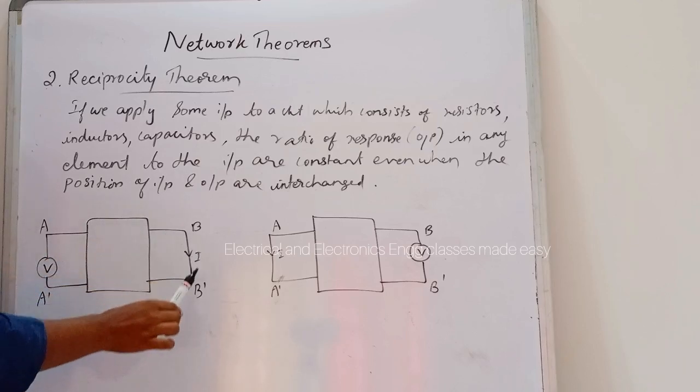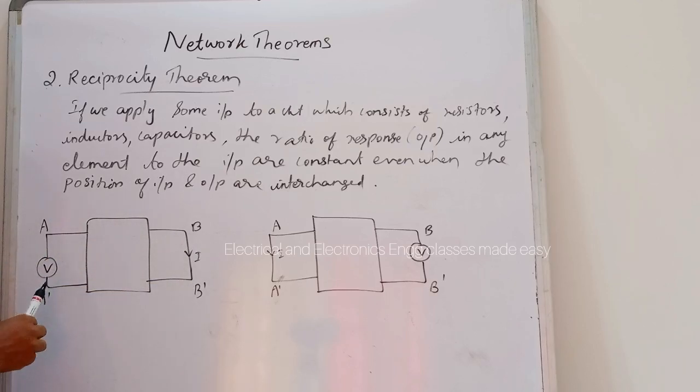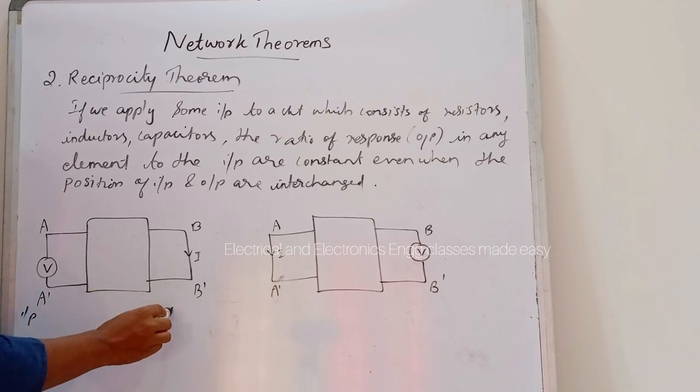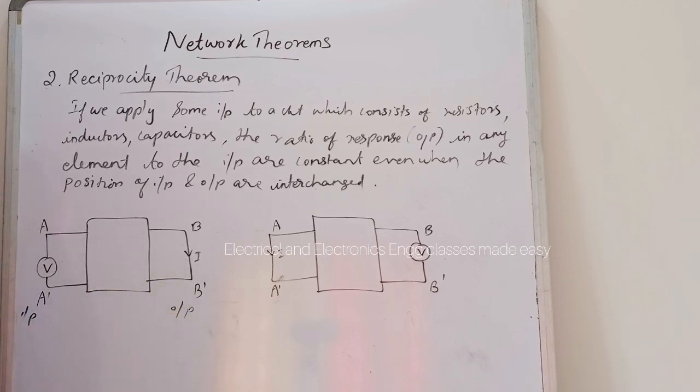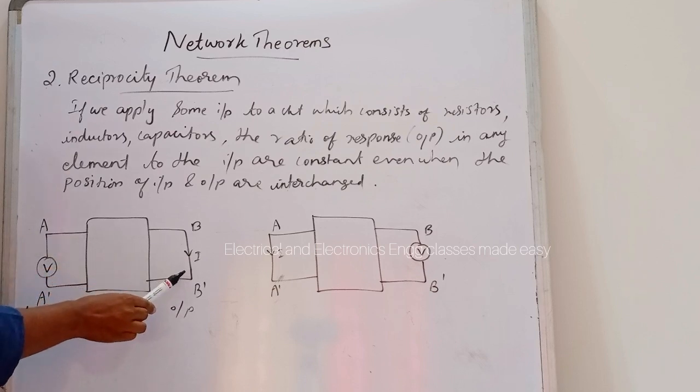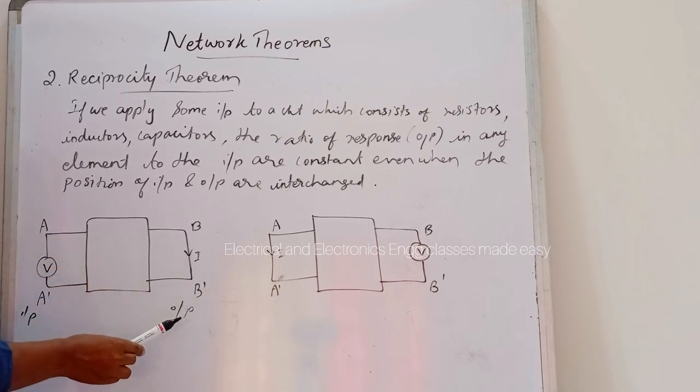So consider this network. Here A dash denotes the input terminals and B dash denotes the output terminals. The application of the voltage across A dash produces current I at B dash.